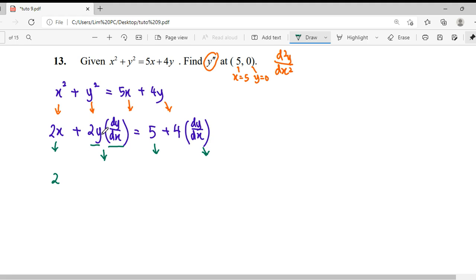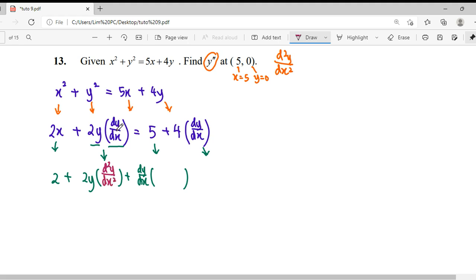When we want to differentiate this part, we use the product rule, because we have two functions together, which are 2y and dy dx. So we set up our product rule: copy the front, differentiate the back, copy the back, differentiate the front. Differentiate the back, when we have dy dx, we apply differentiation again, it will become d2y dx squared.